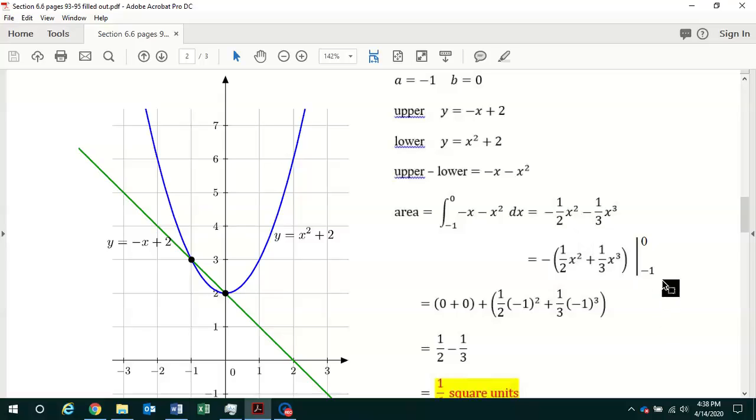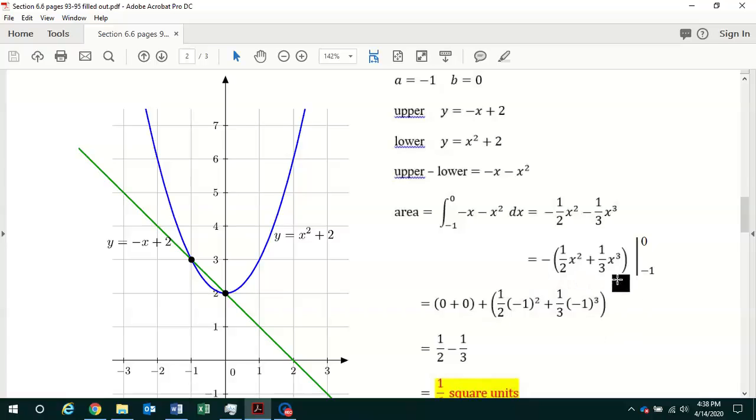Now the limits of integration are minus 1 and 0. We put in the upper limit of integration, 0, for x, and that term will equal 0. Then we subtract, and minus a minus is positive.